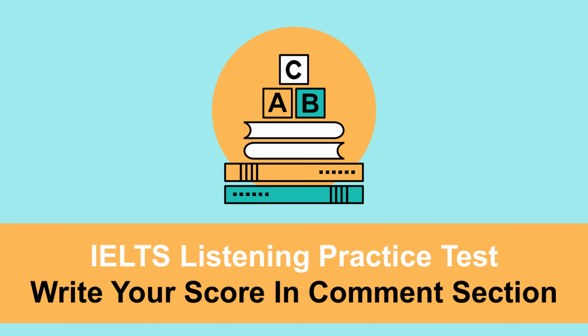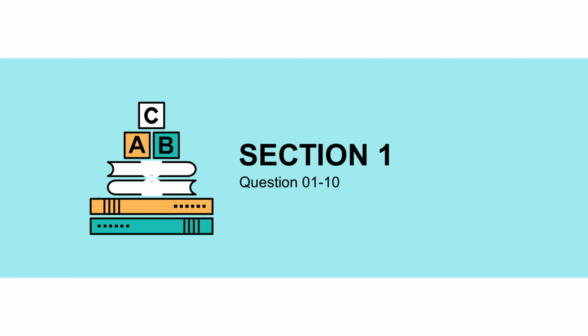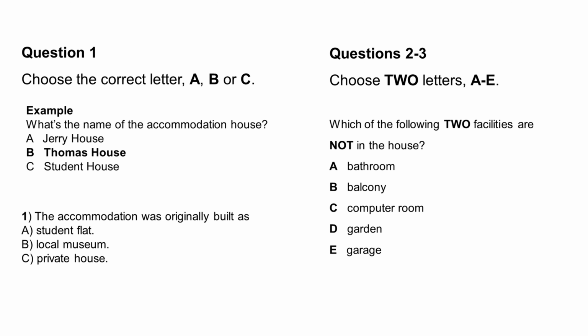You will hear a number of different recordings and you will have to answer questions on what you hear. Section 1. You will hear a conversation about accommodation rules. First, you have some time to look at questions 1 to 3.